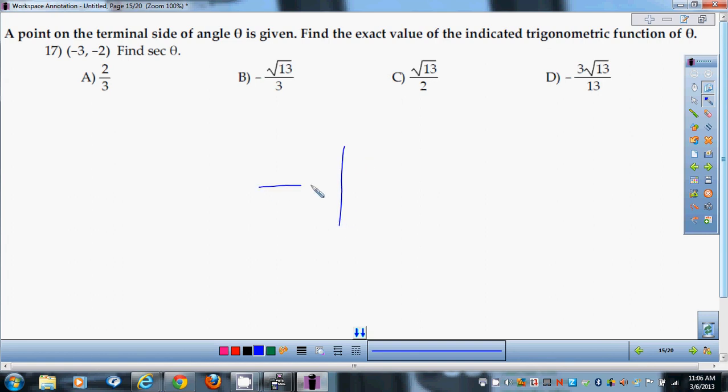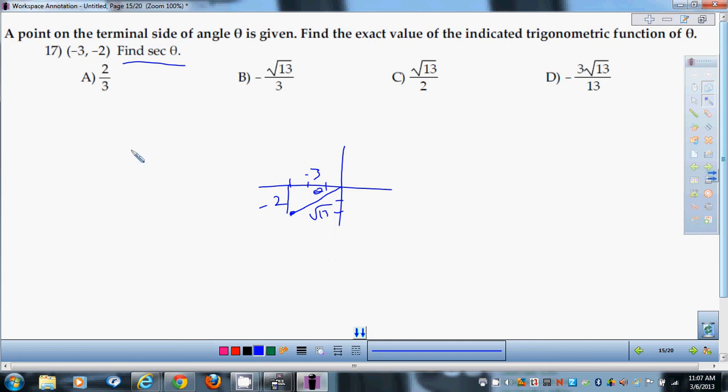We are asked for secant of theta. Flynn, what's secant the flip of? That's right. And what would cosine of our angle be here? Very good. And then for secant, we flip it.